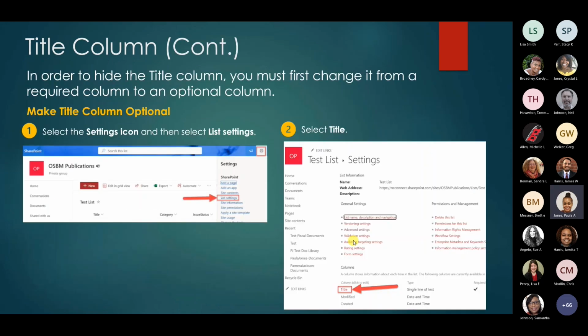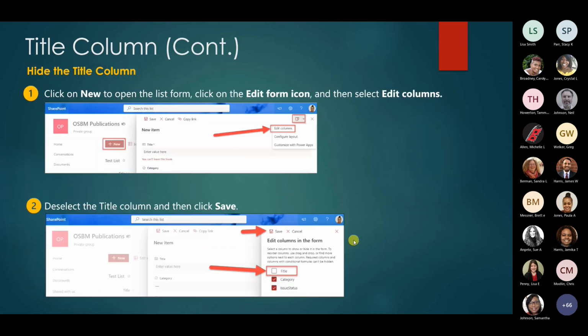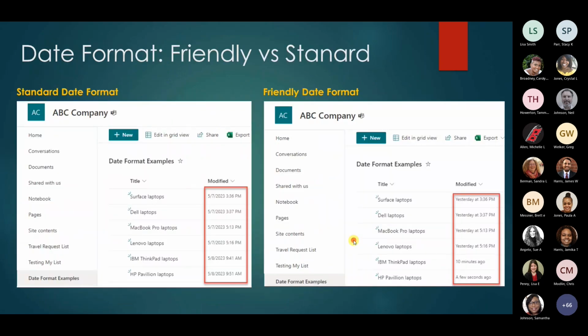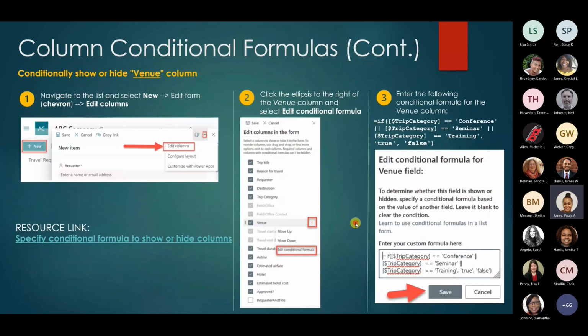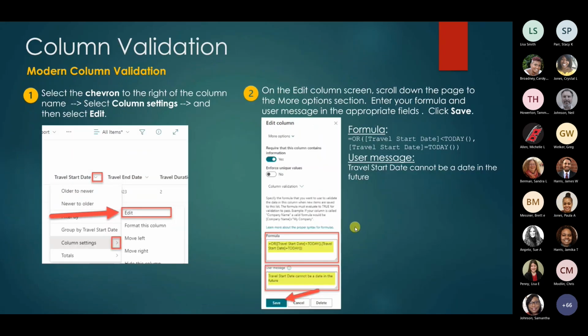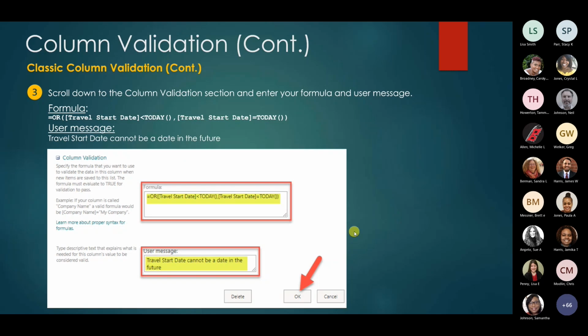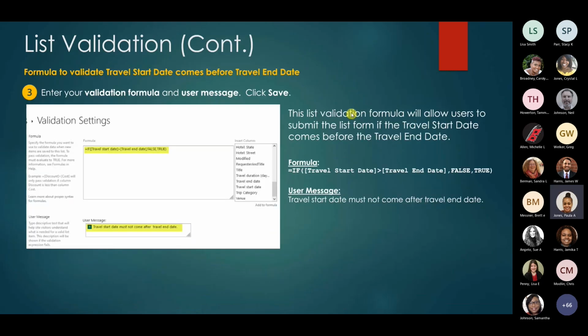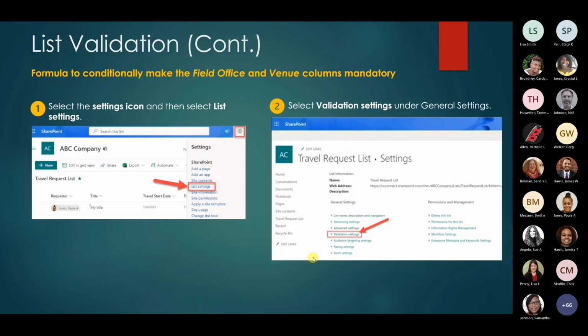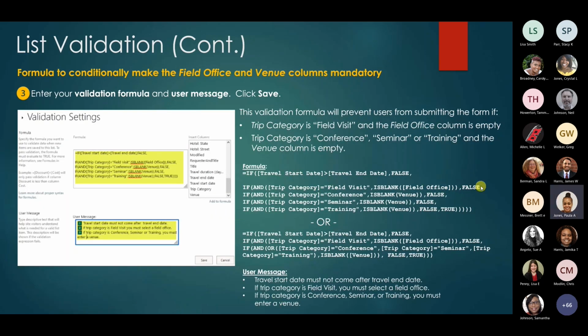This is all the information on the title column, calculated columns. Okay, here's list validation. Okay, here you go. So this is the formula, and it reads, if travel start date is greater than travel end date, false.